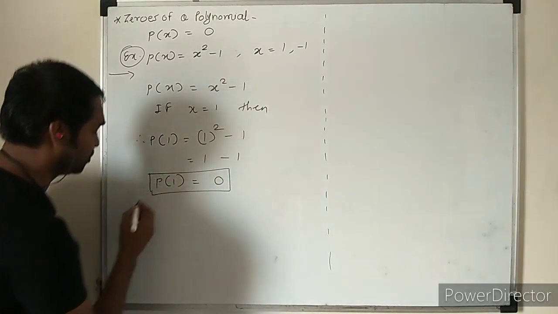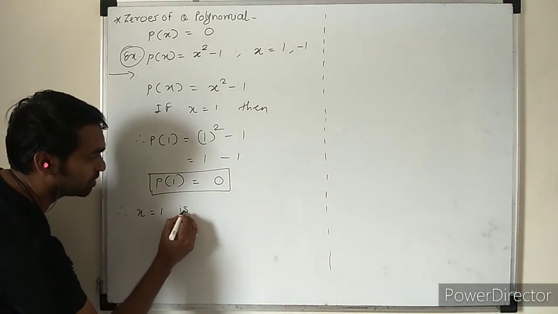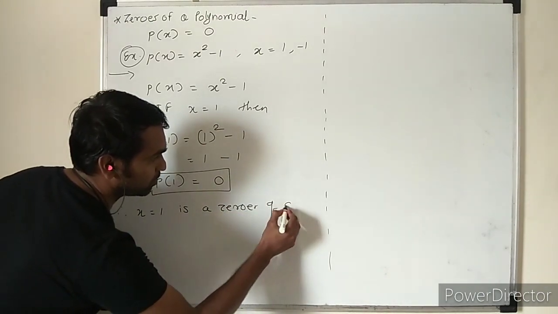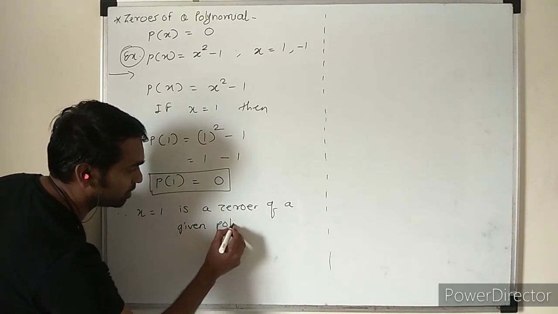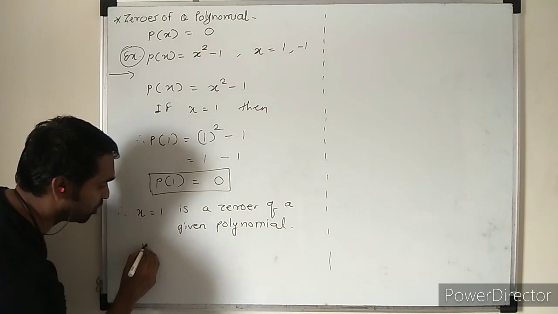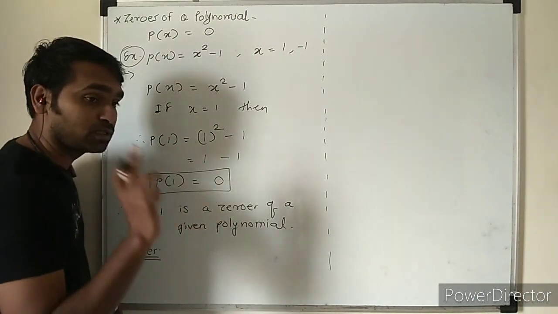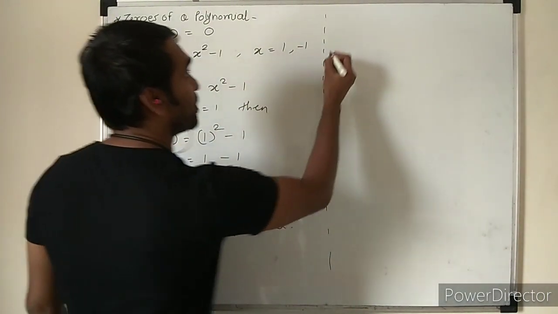So therefore x is equal to 1 is a zero of a given polynomial. Okay, that is what answer? Yes. So your answer what? 0.